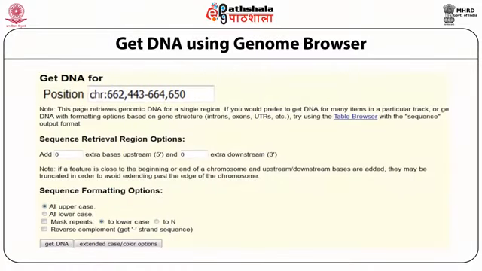In the ensuing window, enter chromosome position from 662443 to 664650. Since the gene is encoded on the plus strand, do not check the checkbox for reverse complement. However, in cases where the gene is encoded on the reverse strand, then check the box for reverse complement. Now click the Get DNA button.